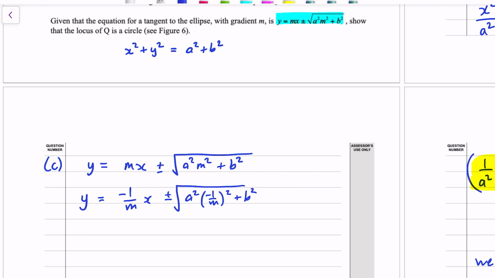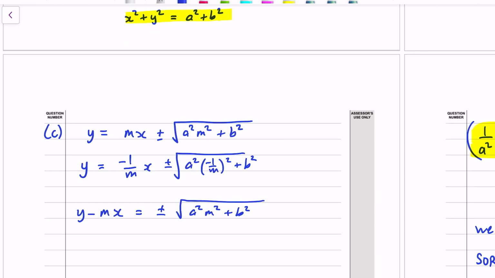To find out where they intersect, we want to solve a simultaneous equation, and then we want to prove that the simultaneous equation results in the circle equation I've just explained. There's different ways of solving simultaneous equations, like we could make these both equal to one another because they've both got the same subject. It turns out with this equation, if you rewrite them, because we need to square, I rewrite the first one like that by moving the mx term to the left.